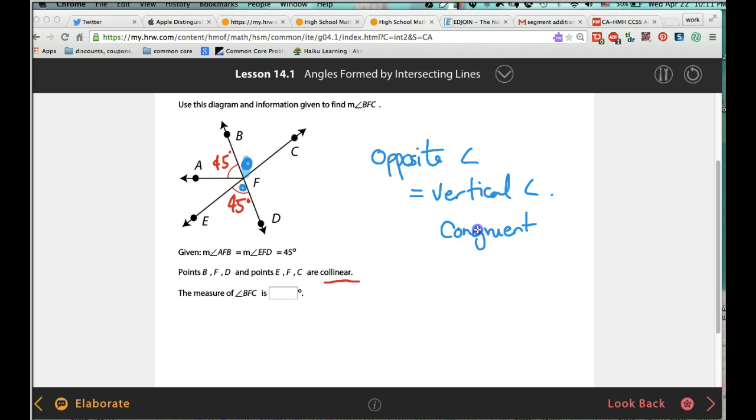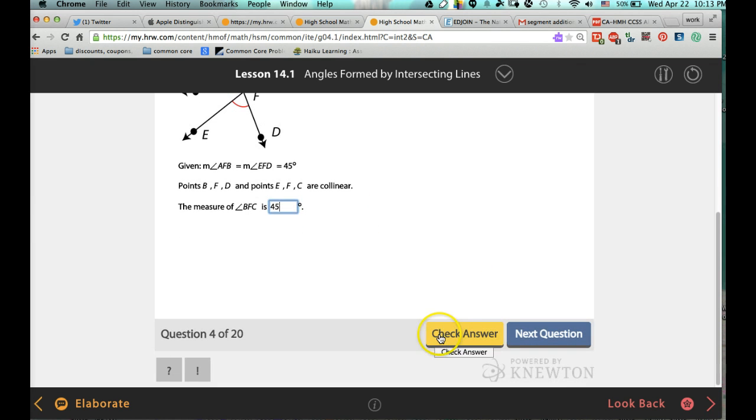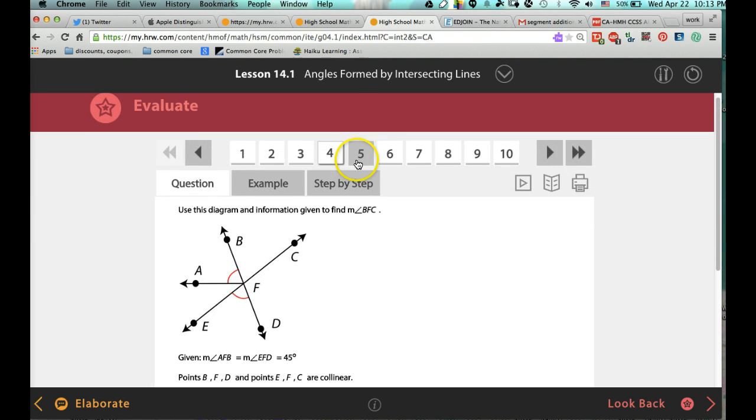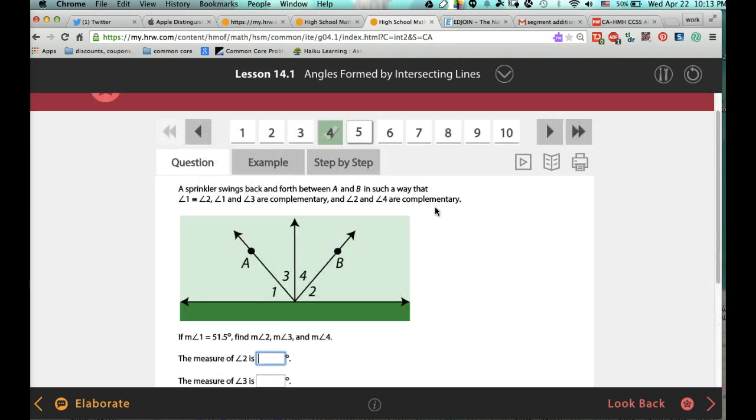Congruent means they are the same, so they're both 45 degrees. So the measure of angle BFC is 45 degrees. As you can see, this is a very easy question. Let's go ahead and plug it in so you feel good and know that Miss Choi gave you the correct explanation. Now here's the next question in 14.1, question number 5.